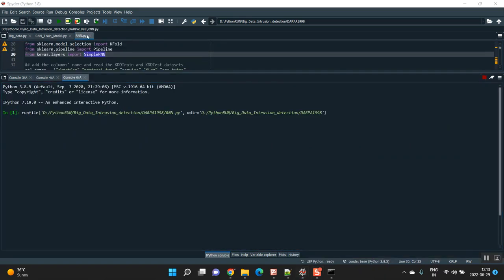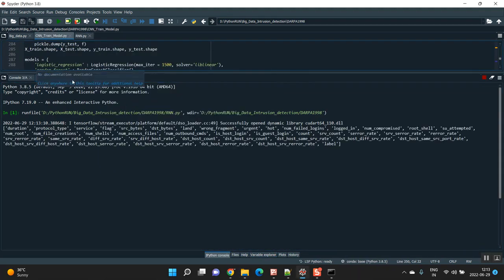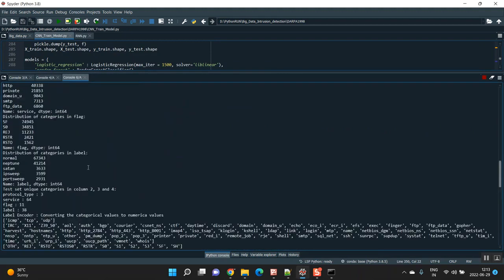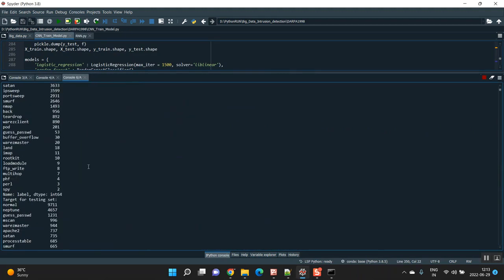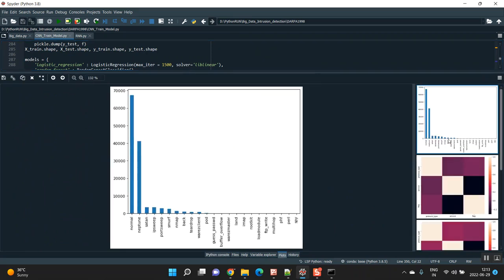Then I started the execution of RNN here. CNN is in process, it's executing. So right now I started the execution of RNN. It shows the data set values, everything, and it provides the plots also based on that.